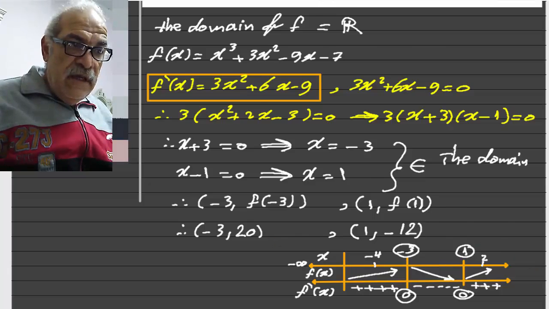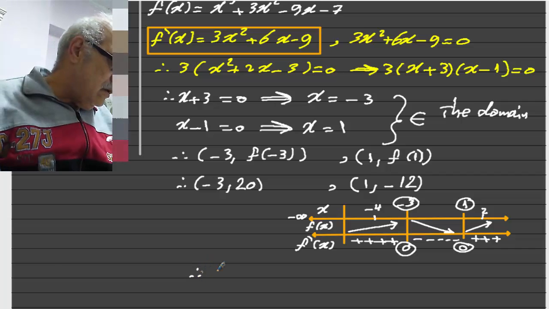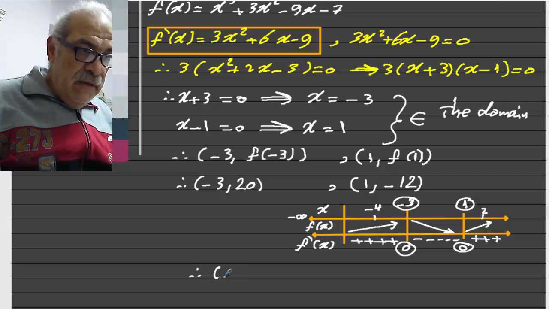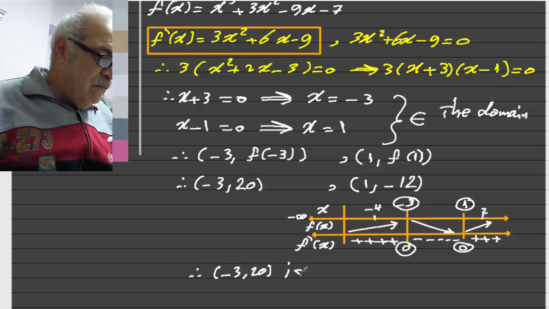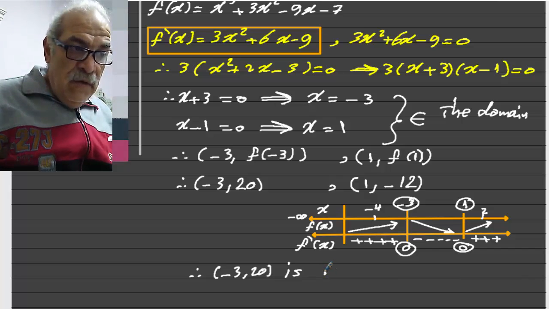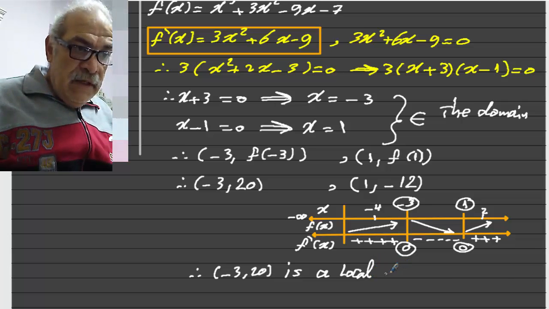So you can say that the point -3 and 20 is a local maximum value for the function.